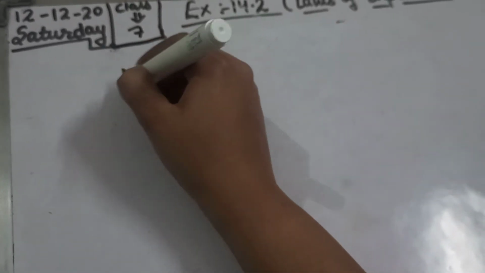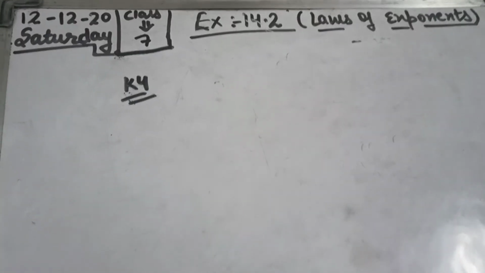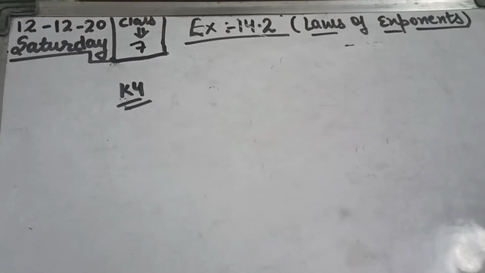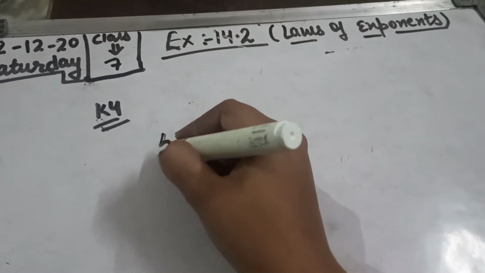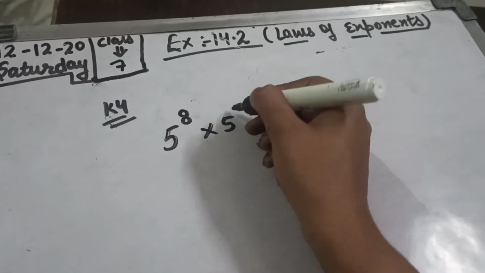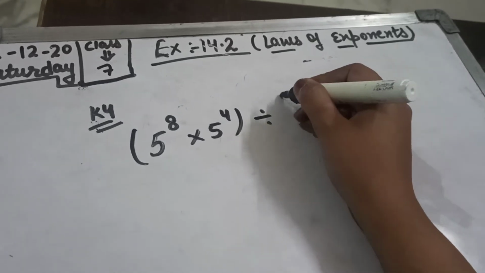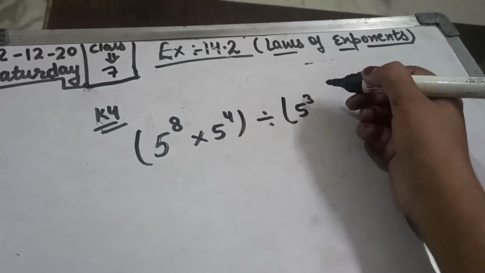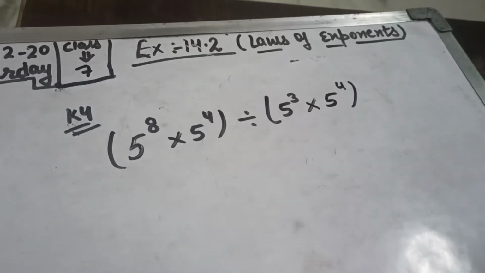K4 is: simplify these expressions using laws of exponent and write the answer as a single exponent. 5 to the power 8 multiply 5 to the power 4, divide 5 to the power 3 multiply 5 to the power 4.